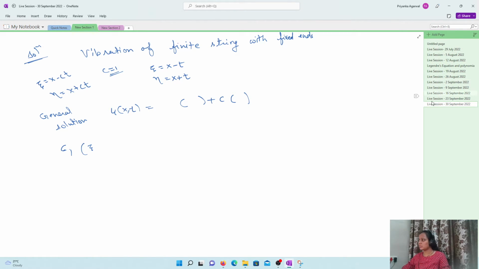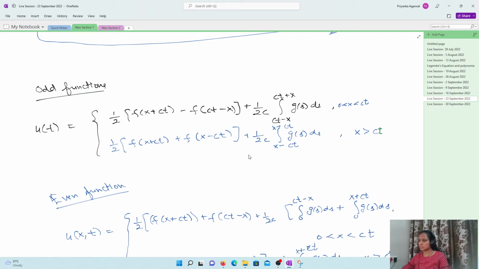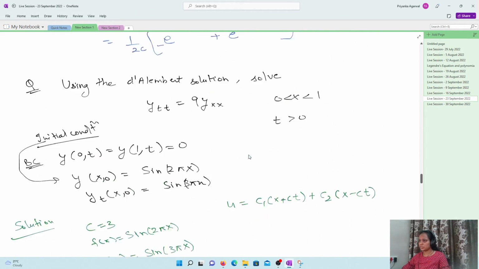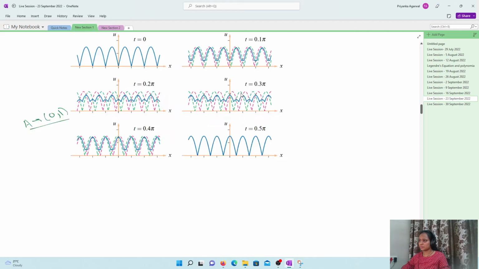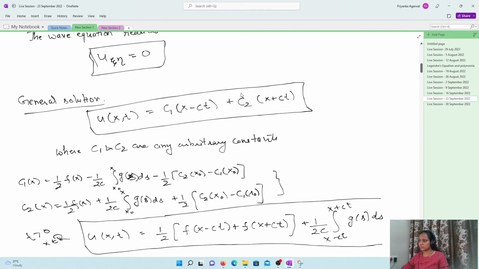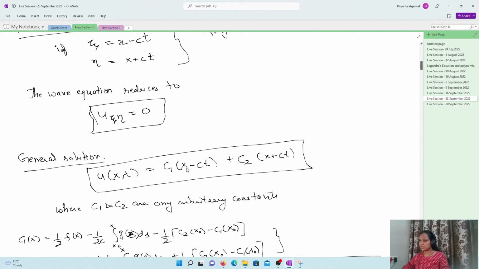We'll have to see the convention, and the convention says this thing out here. We write C1 as xi, which is x minus ct, and C2 as beta.